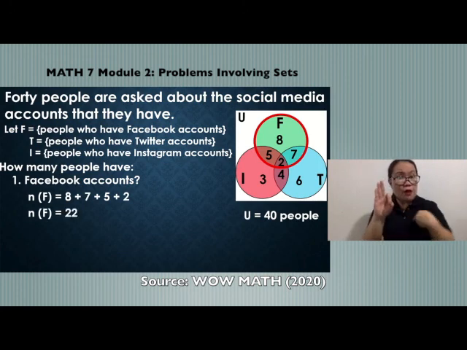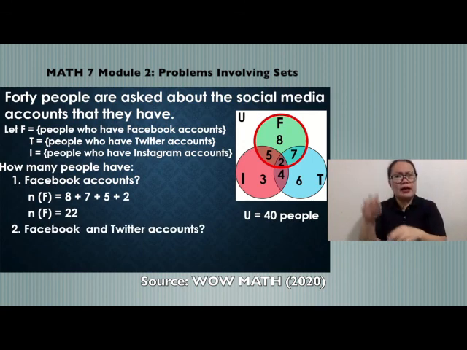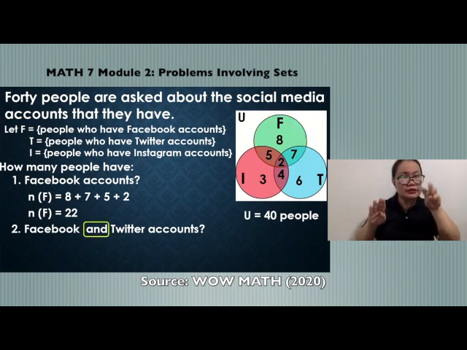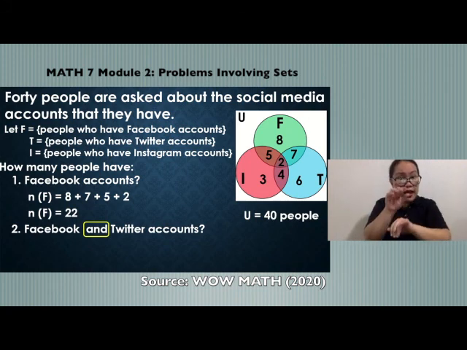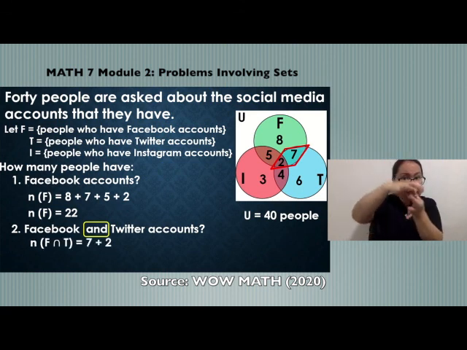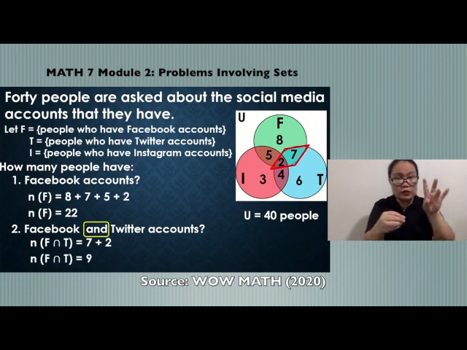So, therefore, the cardinality of F is 22. Next, Facebook and Twitter accounts. So, I have here the word and means intersection. So, pupunta tayo sa gitna ni Facebook at ni Twitter. Kasi and, that is intersection. So, therefore, the intersection of Facebook and Twitter is 7 plus 2. So, we have 9.